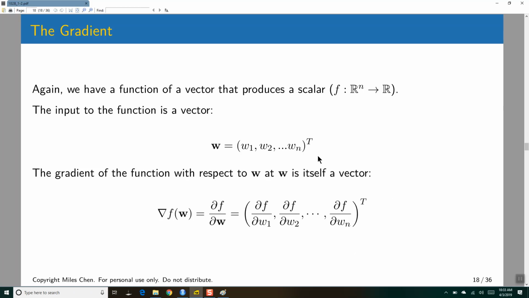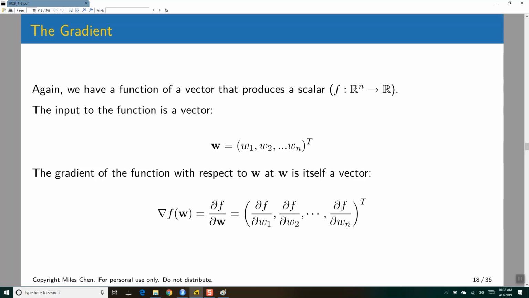To make it a little bit easier, we can think of the gradient with respect to some vector w at w as a vector. If we've got n-dimensional space, it's going to be basically the partial of f with respect to w1, the partial of f with respect to w2.